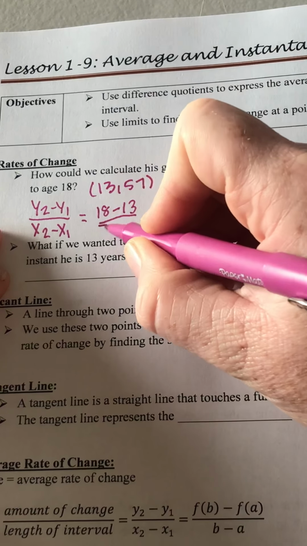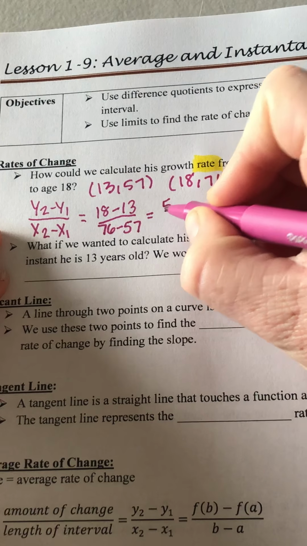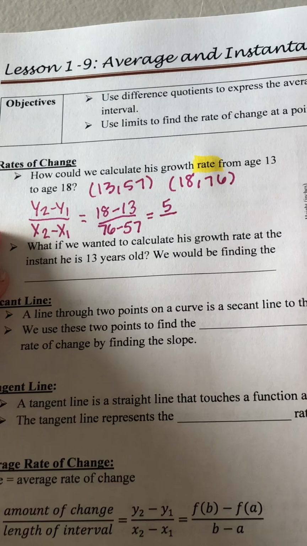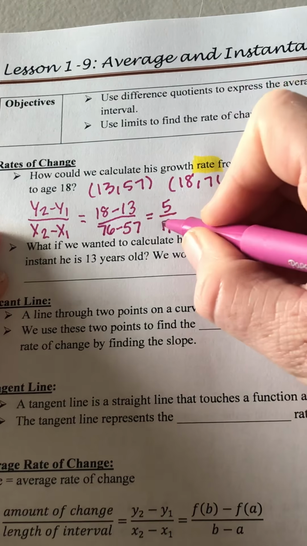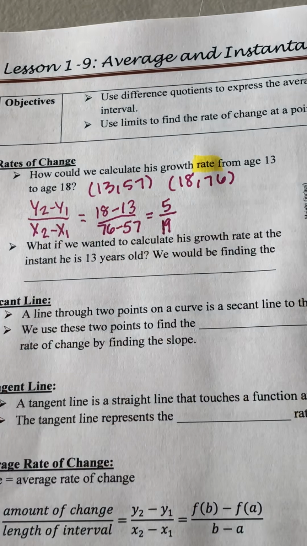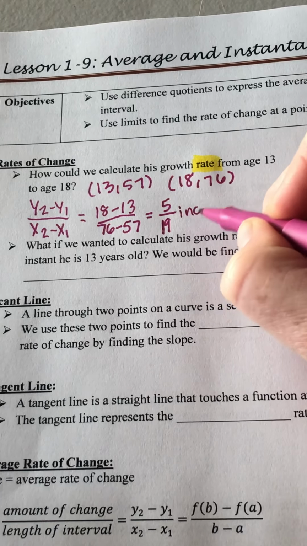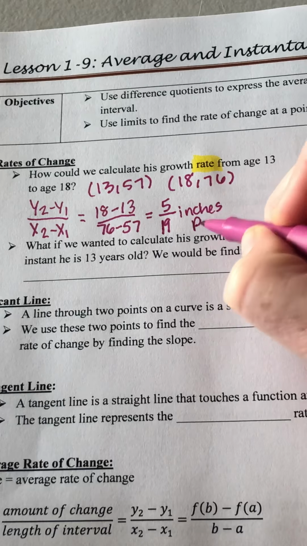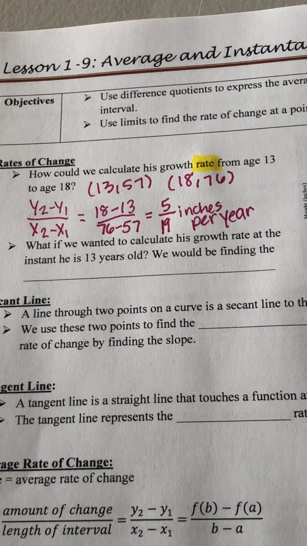And that would give me 19 over 5, okay? And so that is the slope there. So he's growing 19 over 5 inches per year. Okay, that's his rate of growth.